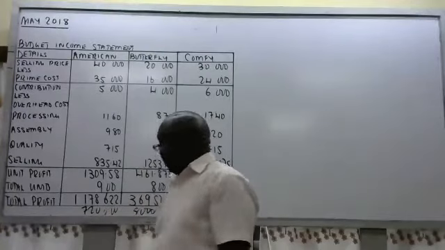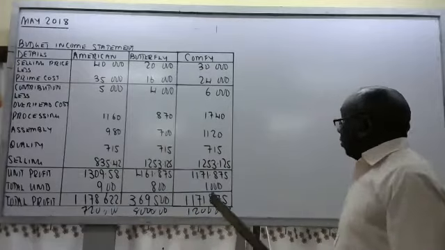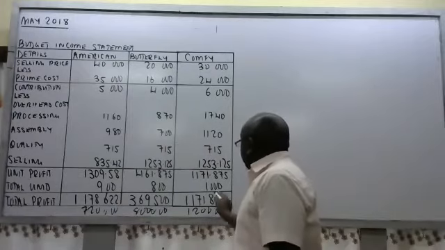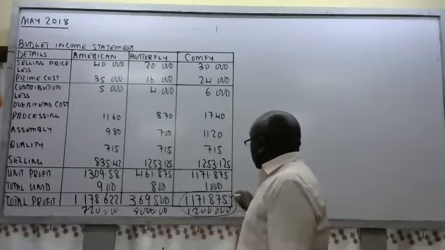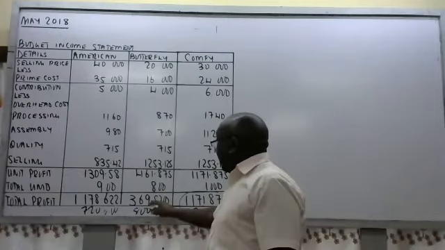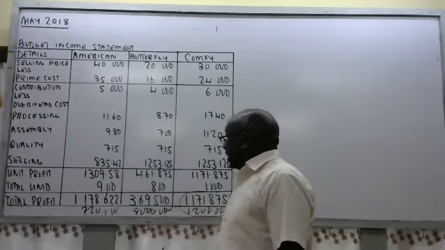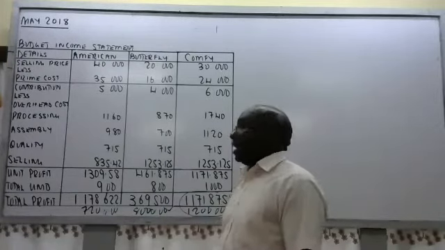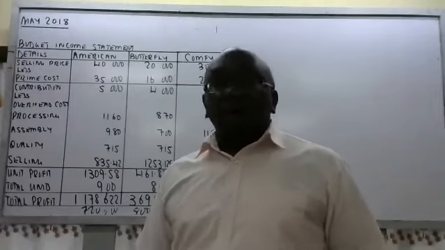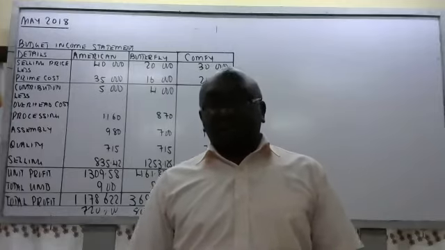Just to illustrate, when you go with ABC for this product, this one is okay because the two methods appear to agree. But for this one, there is a difference. Conventional showed you that this one has a profit of 800, but in actual sense, it has a profit of 369.